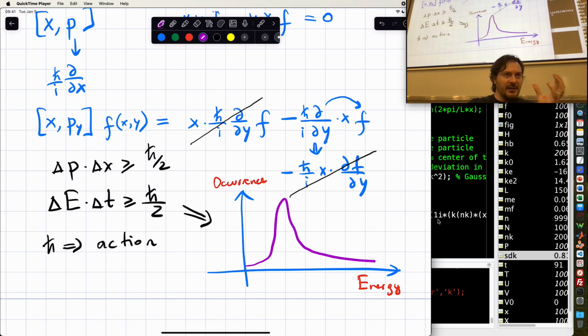Let's say you have a detector and you are detecting muons, which live for how long? 2.2 microseconds.